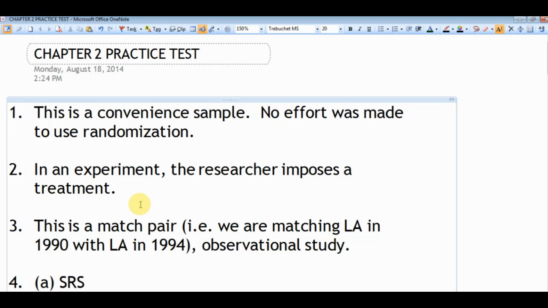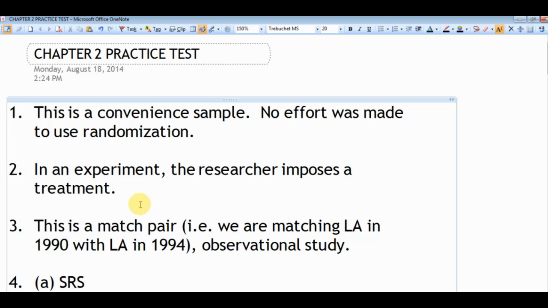You're doing a research project on the attitudes toward fast food and decide to use as your sample the first 25 people who enter the door at Fatburger. Which is the following is true of the sample? And we have the answer. This is a convenient sample. You made no effort to use any types of randomization.